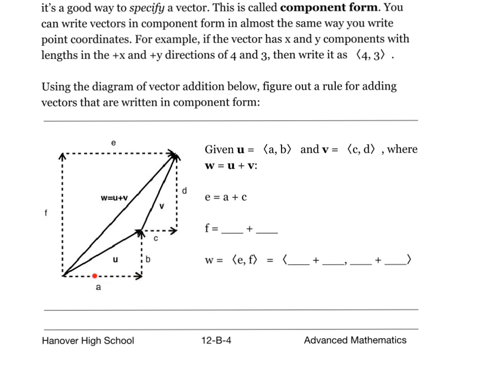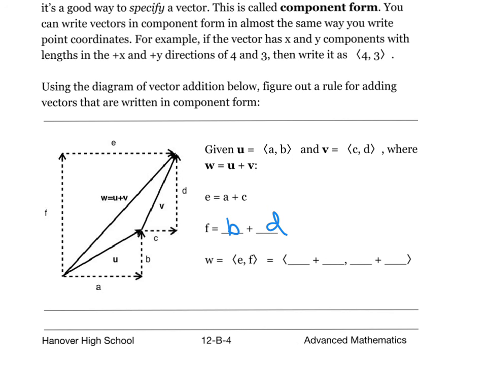Because they're parallel, we can add the magnitude of A, the length of A, and the magnitude of C, or the length of C, and that length should equal the length or magnitude of vector E. And so one way of writing that is to just say that E is equal to A plus C. And in a similar vein, we could say that F, that vertical component here, this vector F is equal to the sum of B and D. So F is equal to B plus D.